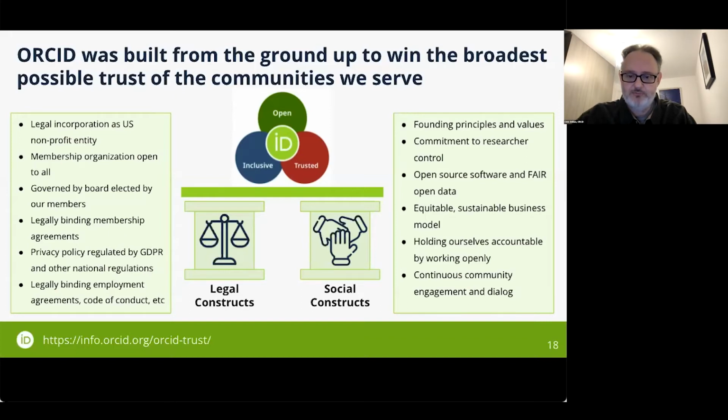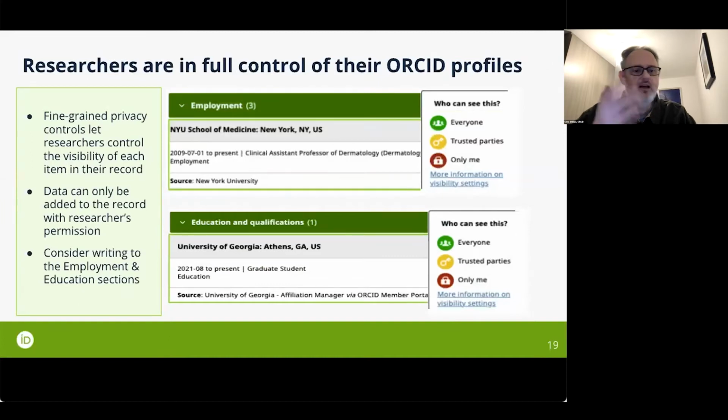Next slide, please, Shona. And this is my last slide, just to talk a little bit more about our model for researcher control. And essentially, researchers, once they go and register for that ORCID, have very fine-grained control over each individual element, for example, a publication or employment information.